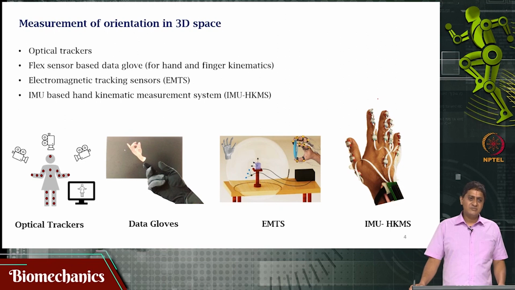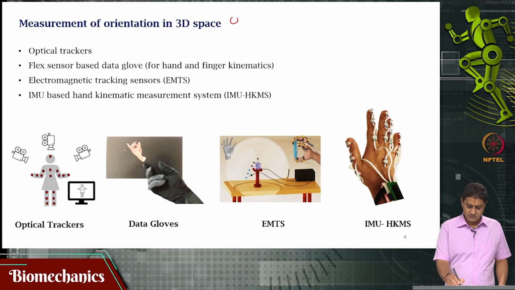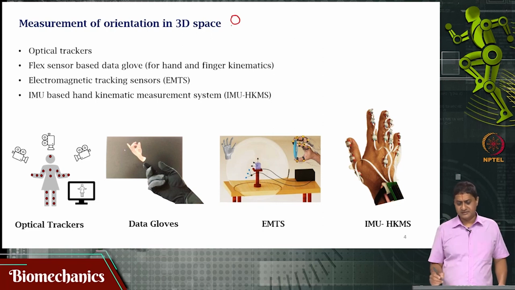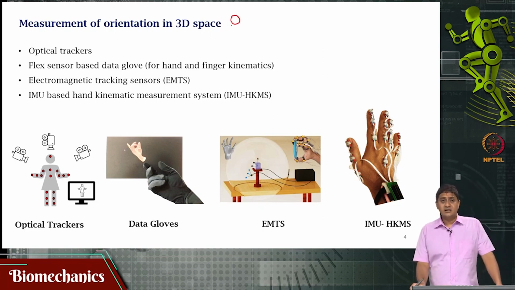For example, they might put up a small dot, say 1 centimeter in diameter, something like that, white in color, and they will train a network to track this dot that is placed on the body part.